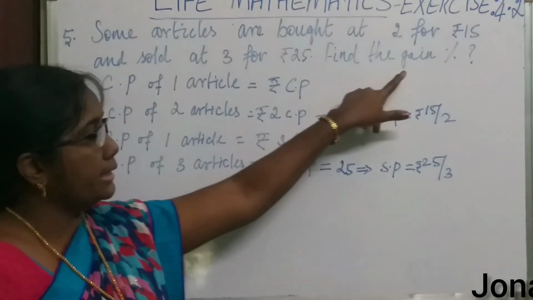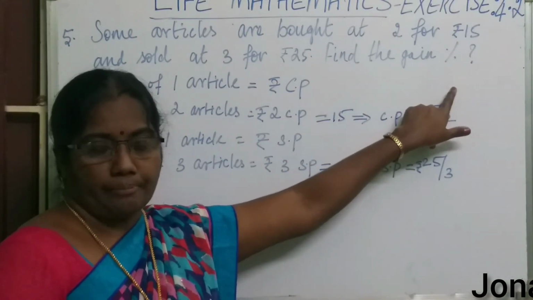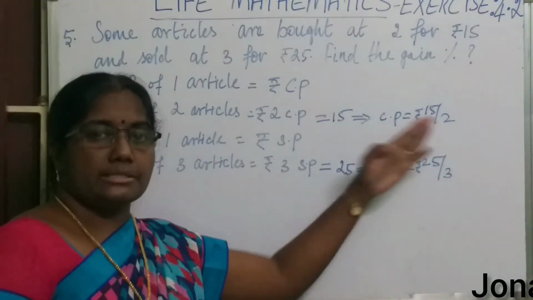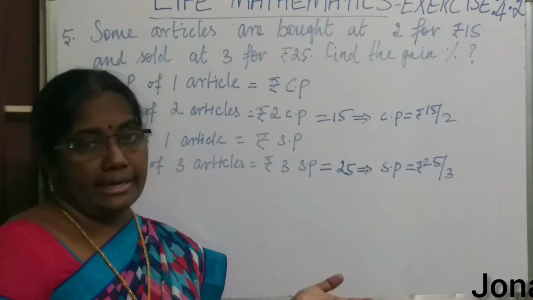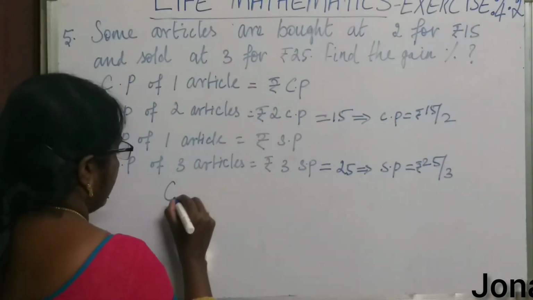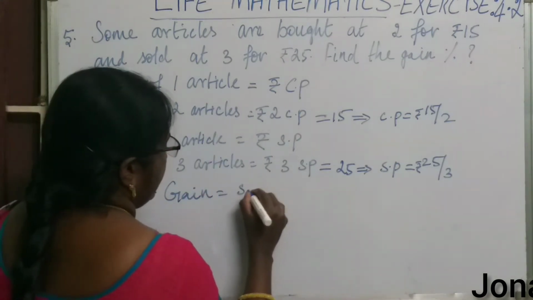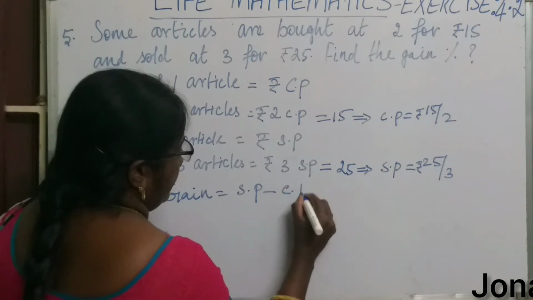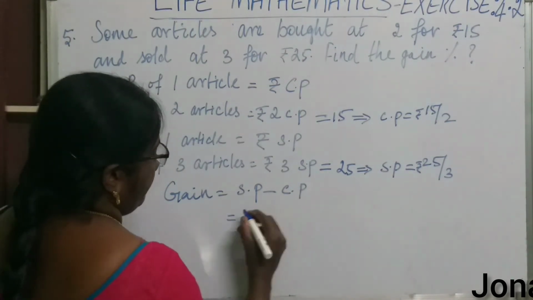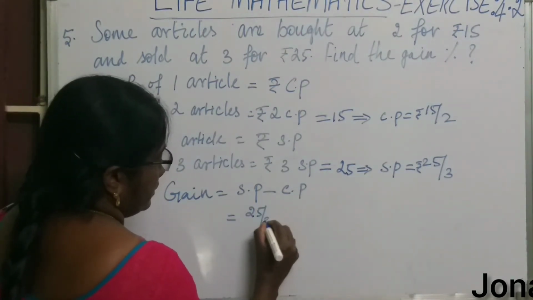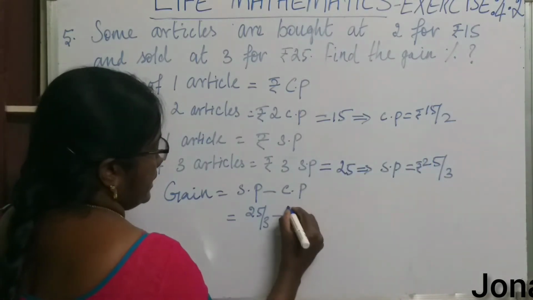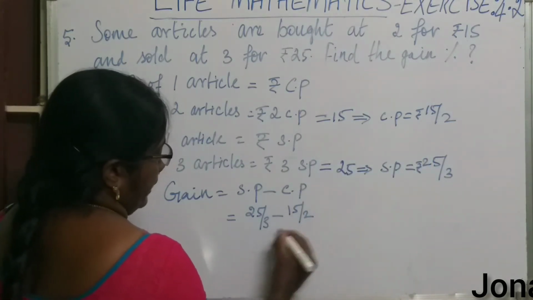What do we want to find here? Gain percentage. For this, first we want to find the gain. So gain equals SP minus CP. SP here is 25 by 3 minus CP, which is 15 by 2.